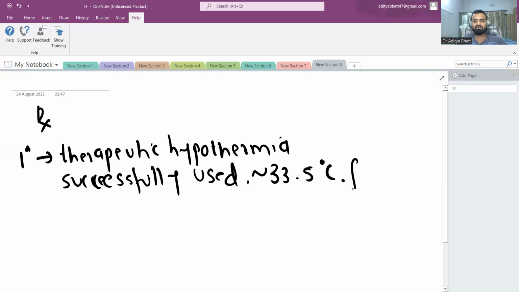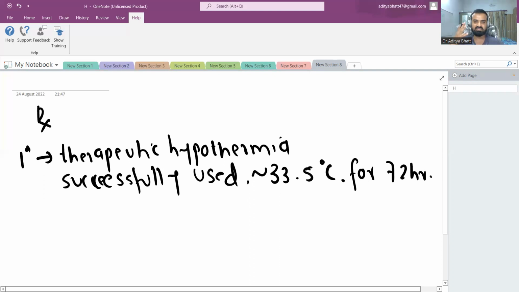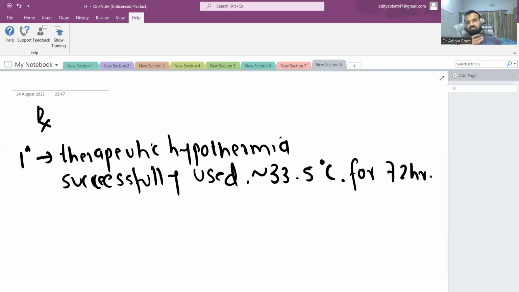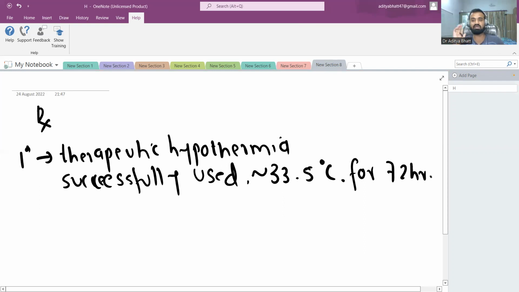This is cooled for 72 hours, and then it is gradually rewarmed. What happens is it decreases the metabolism of the brain, so it limits the damage to the brain. Now therapeutic hypothermia in itself is a long lecture, so we'll not get into the detail, but it has shown remarkable results in preventing brain damage.